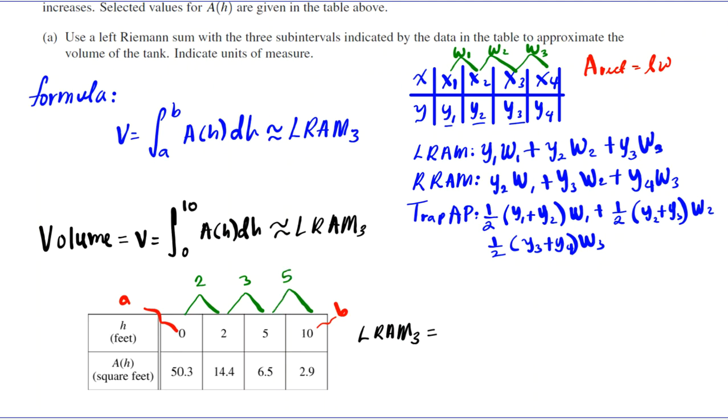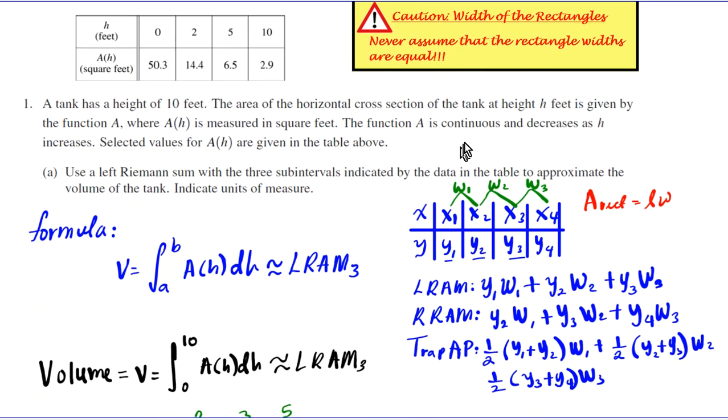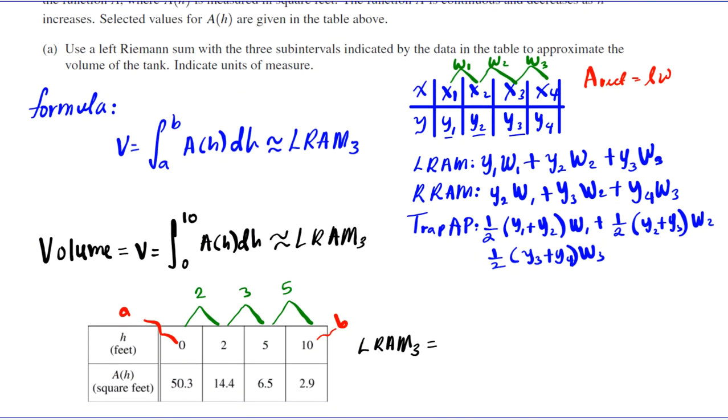So one caution, let's go over that real quick, has to do with widths of rectangles. A lot of textbooks, when dealing with Riemann sums, always present scenarios where you have equal subintervals. But in the AP exam, it's rare to see subintervals that are equal. In this case, we have widths that are 2, 3, and 5.